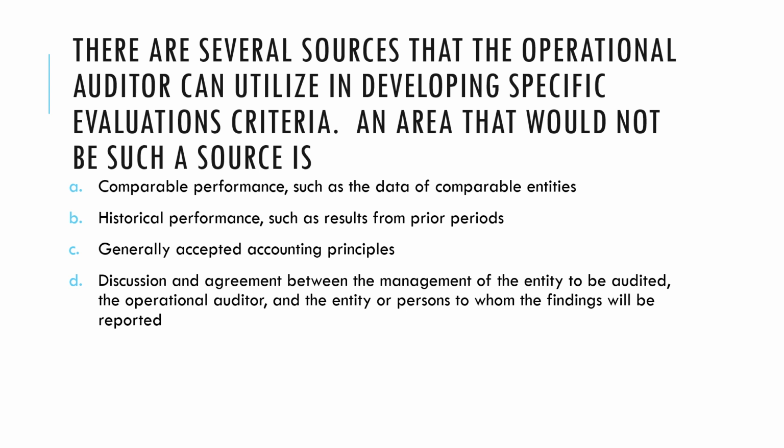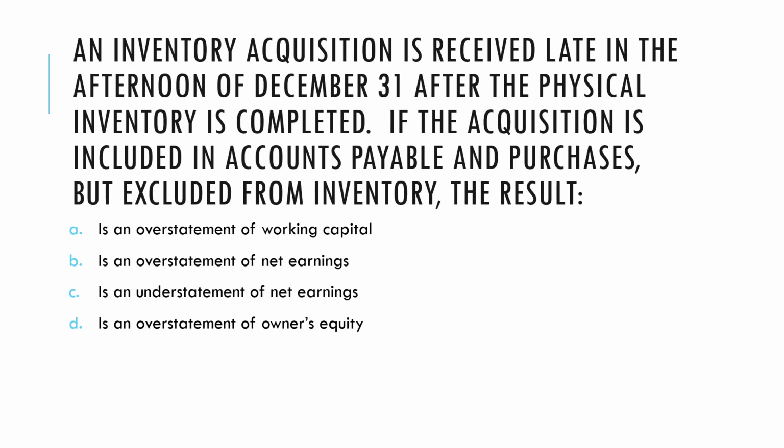Note again that the very purpose of operational auditing is to help the entity make more efficient and effective operations. So in this case, the least likely source of these evaluation criteria is the generally accepted accounting principles, as this is the criteria used when we talk about external FS audit rather than internal audit.